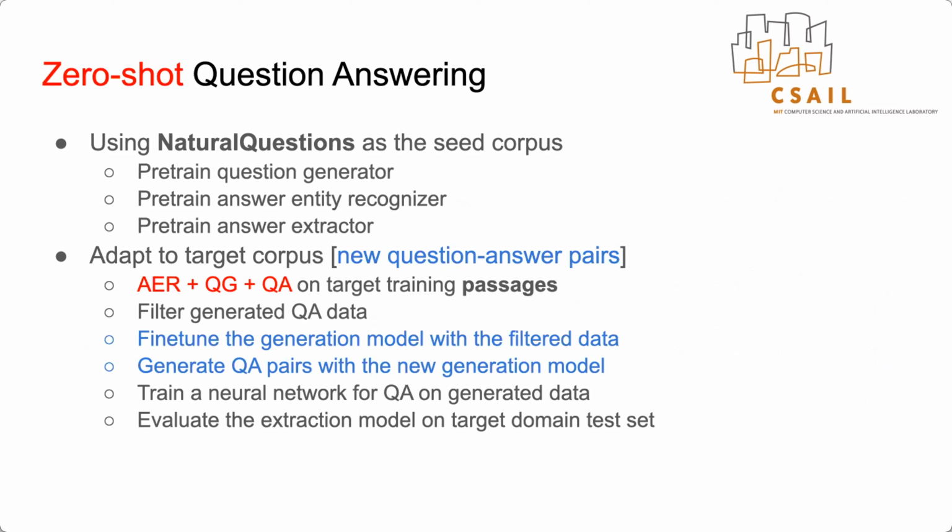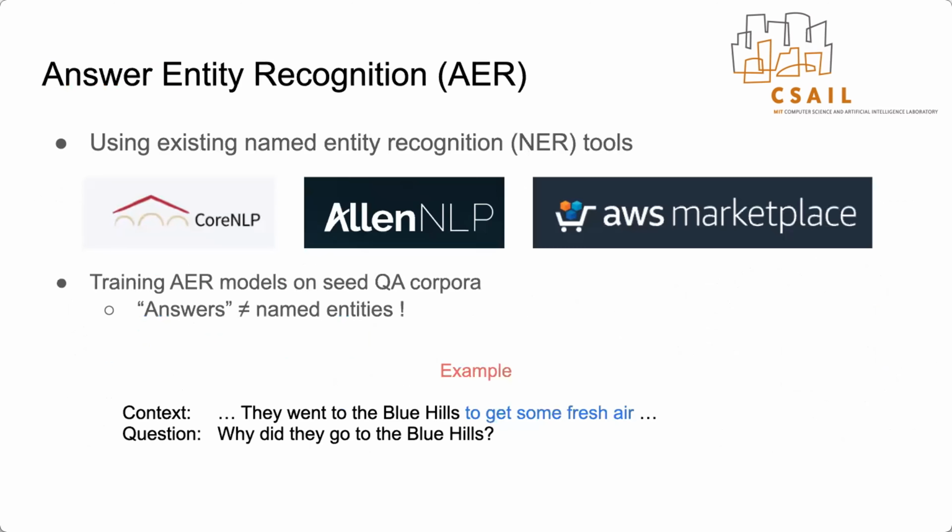We first train three models and apply these models to the target domain. And we filter the generated QA data to select the high quality QA pairs. And then we fine tune our generation model on the selected data and rerun this pipeline to generate new training data. And after all, we train a new QA model on the generated data and then evaluate the model on the test set of the target domain.